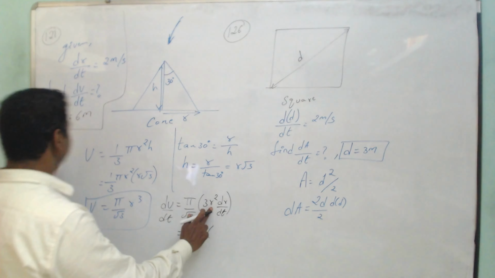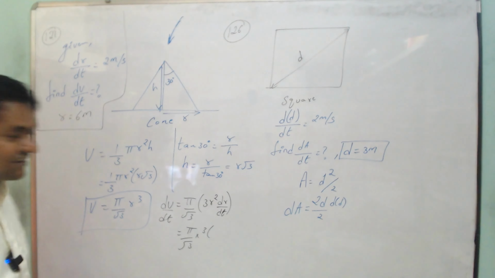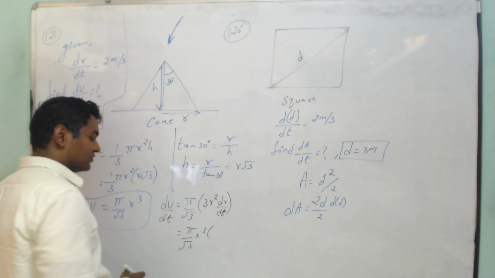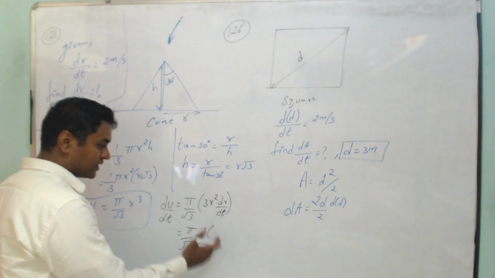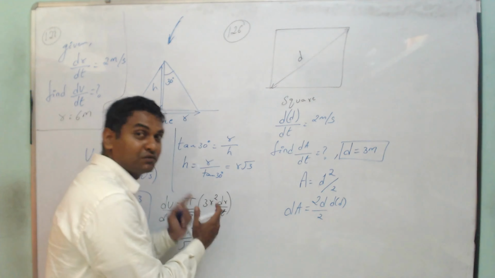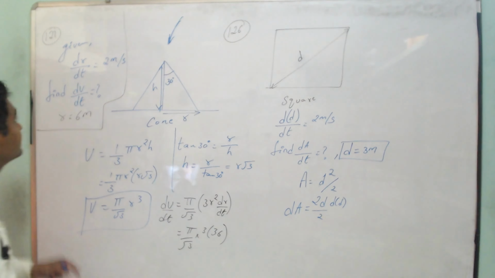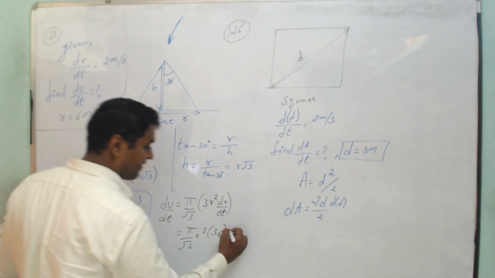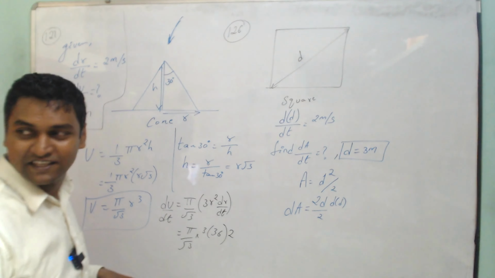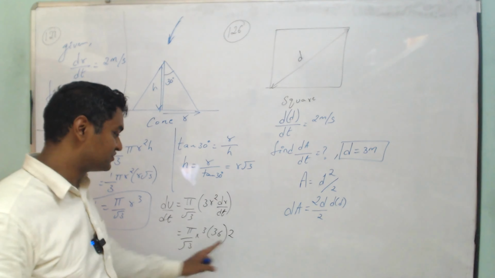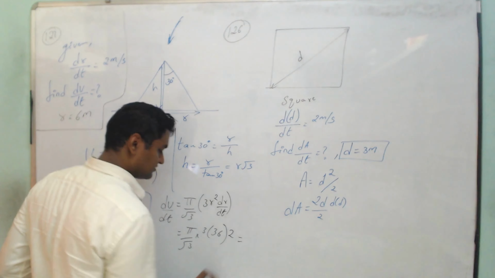R itself is 6, so R square is 36. And dr by dt is 2. The substitution is complete. So 216.